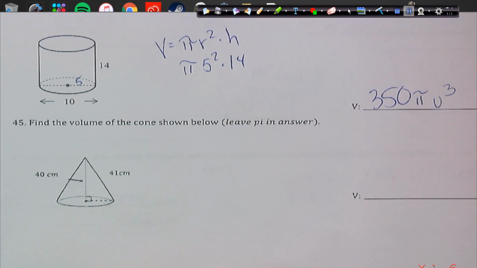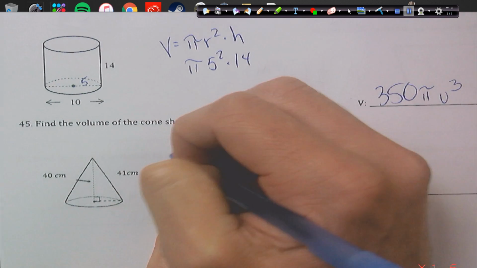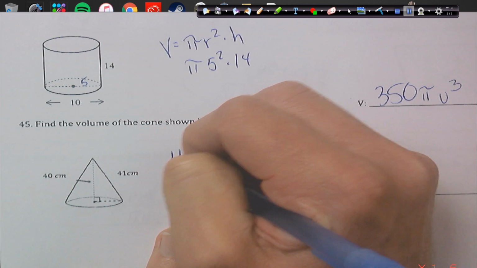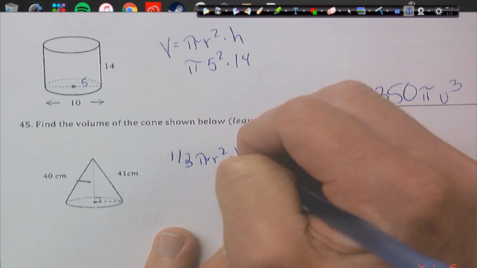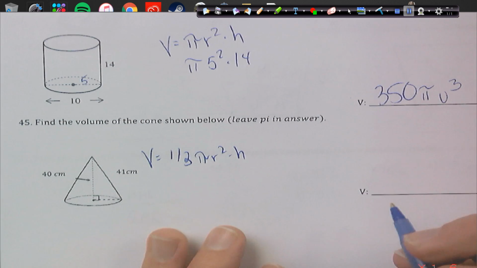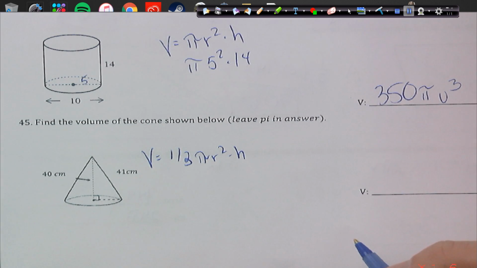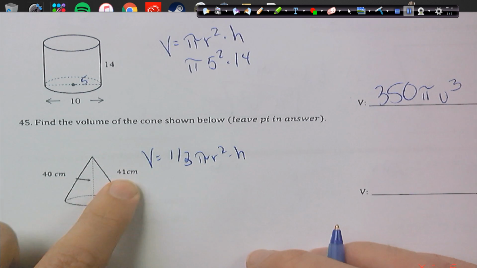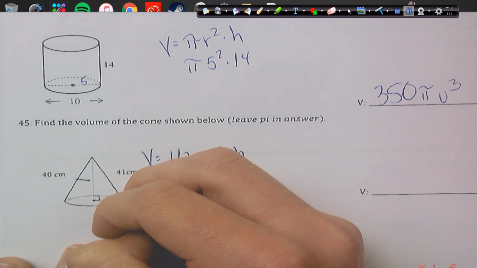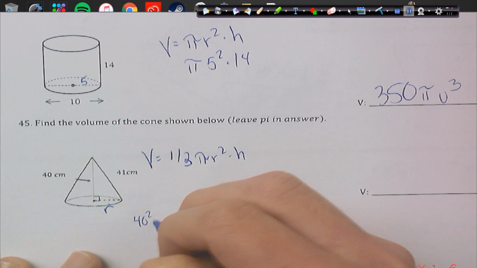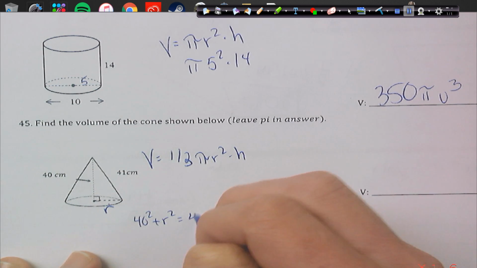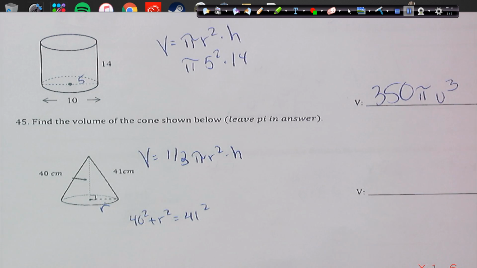Find the volume of the cone. So the cone is the same as the cylinder, except we're going to do 1/3 pi r squared times height. And we don't know the radius, so we're going to use Pythagorean theorem here, 40, 41, and x. We'll call it r. And so that's 40 squared plus r squared equals 41 squared. And we're going to do this one real fast again.